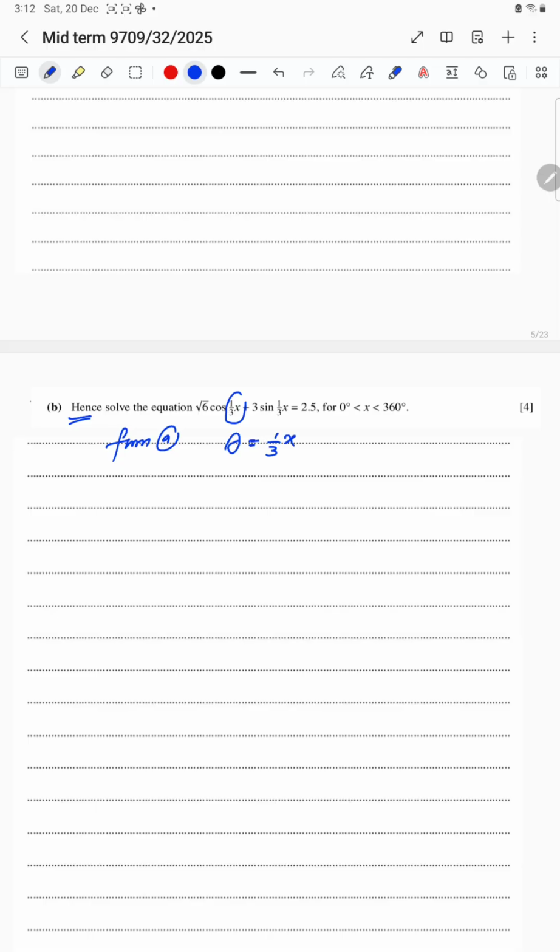So I can write square root 15 cos of theta, where theta means x by 3, minus 50.77, that is alpha, and the answer is equal to 2.5. Now I need to simplify this. Let's see, cos of x by 3, and the domain is this: 0 less than or equal to x less than 360.